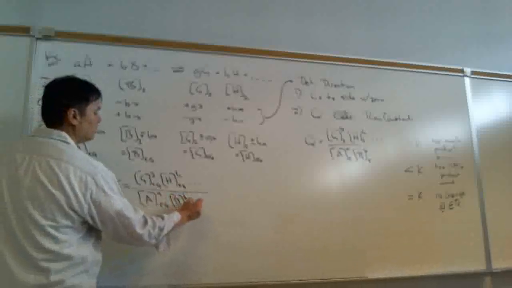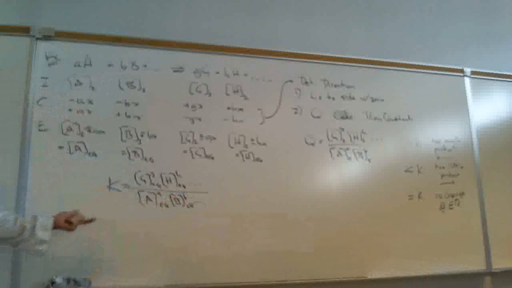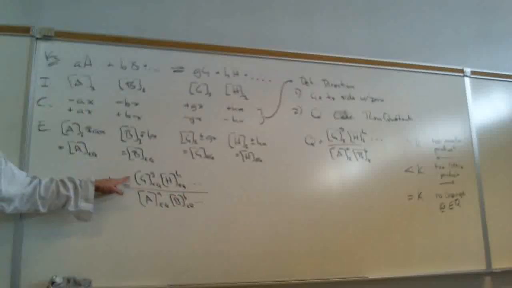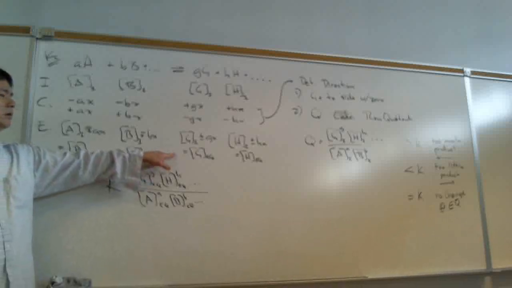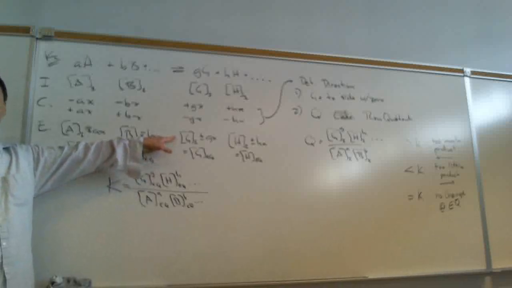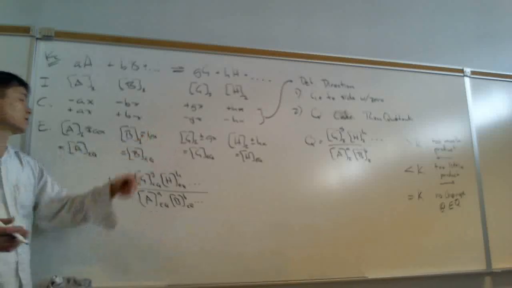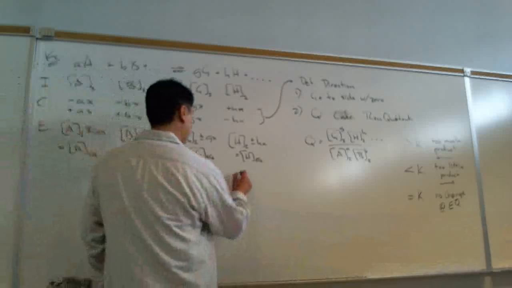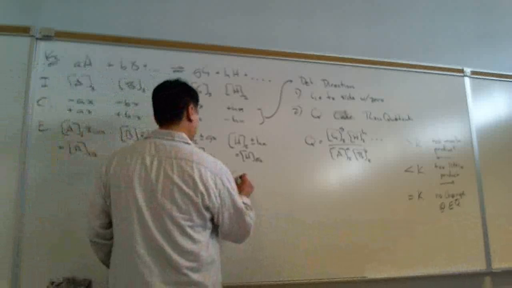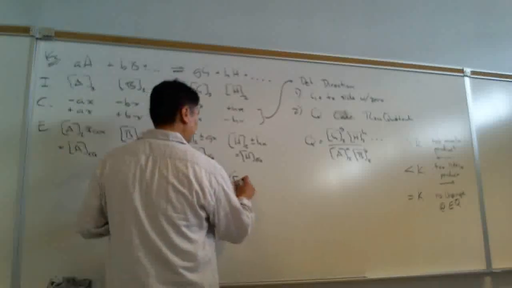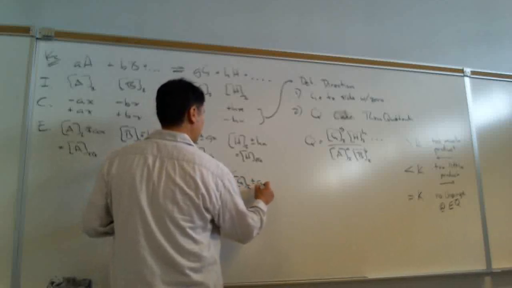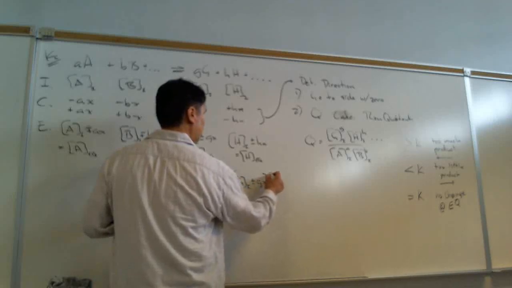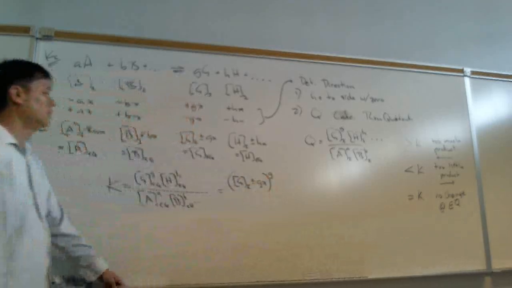These are all equilibrium values. And the equilibrium value of G is also equal to G initial plus or minus GX. So the equilibrium value of G is G initial, plus or minus GX, and this whole thing is going to be raised to the little g power.